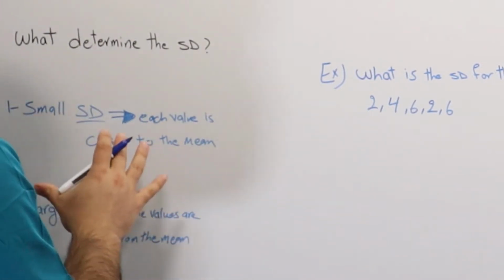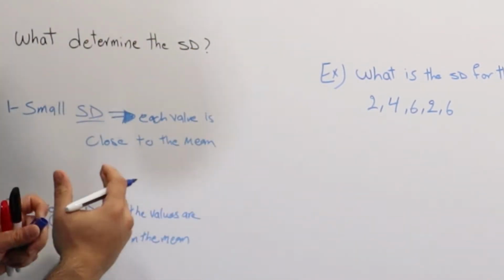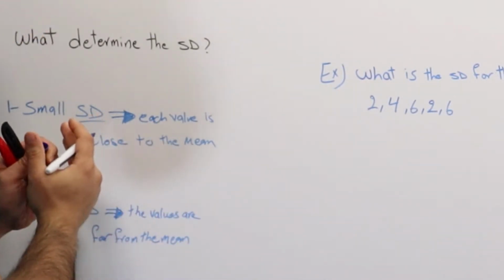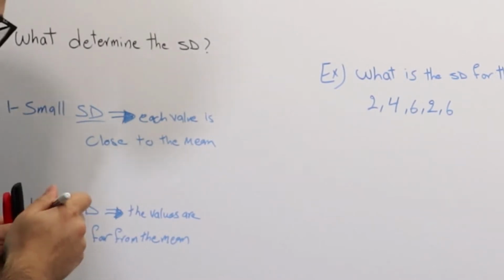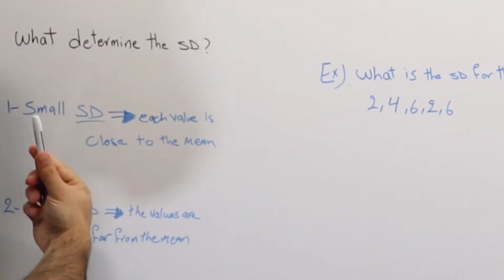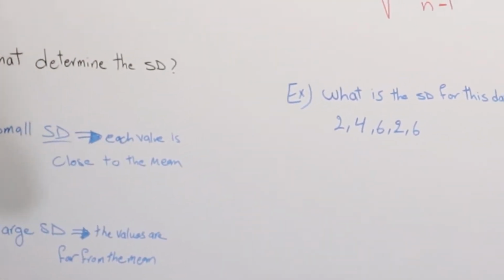So that's what determines the standard deviation, how close or far the data sets are from the mean. And we have two options, small or large standard deviation.